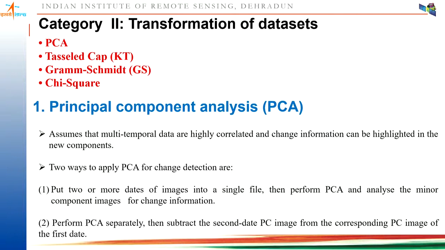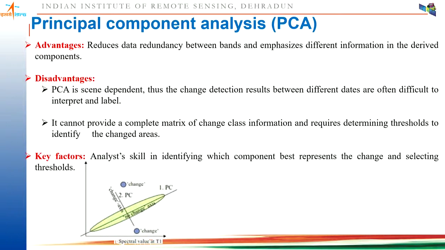So what you can do is take first date image, second date image, put all the bands in one file and calculate the PCA. Or you can calculate PCA of the first date image and second date image, and subtract it. So any method can be done.